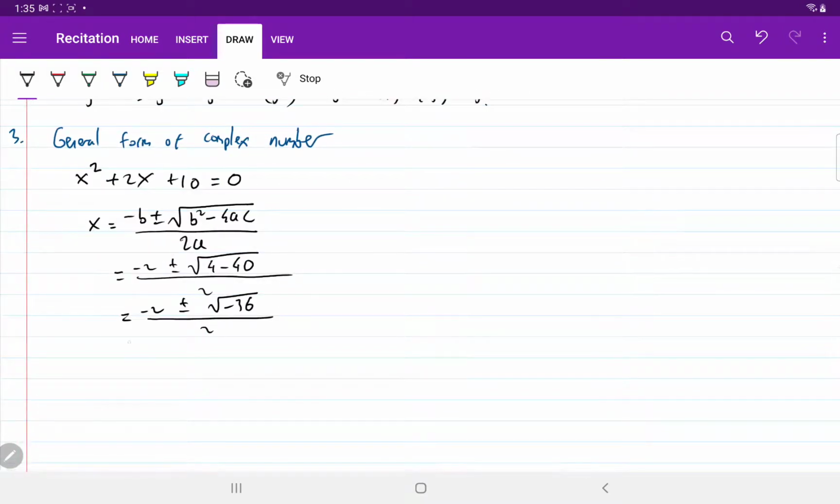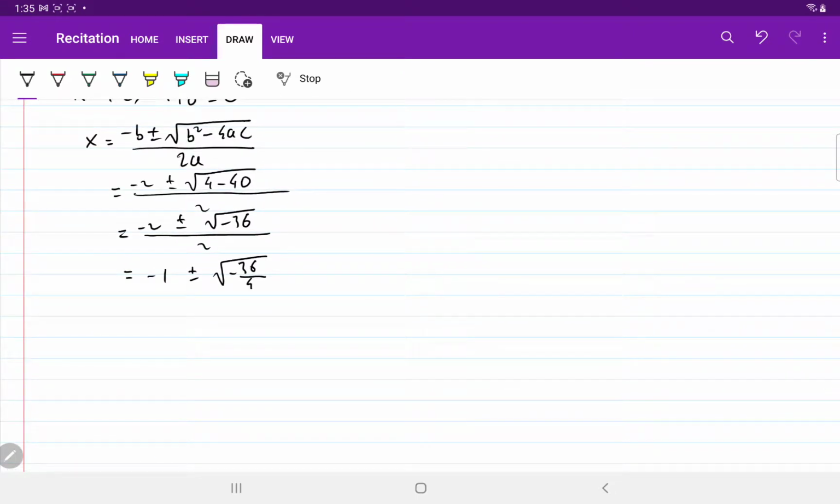So you can write this as minus 1 plus minus 6j over 2, which is minus 1 plus minus 3j.